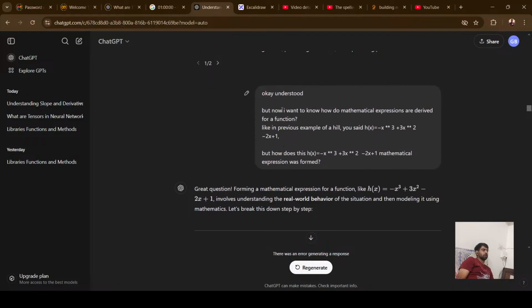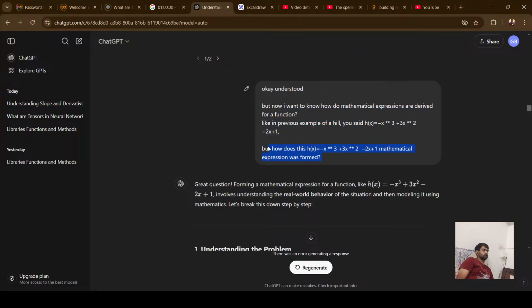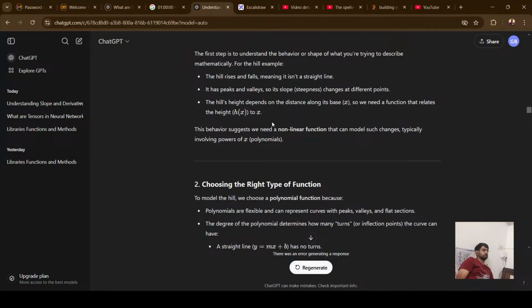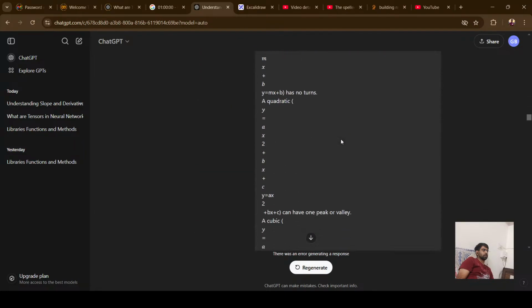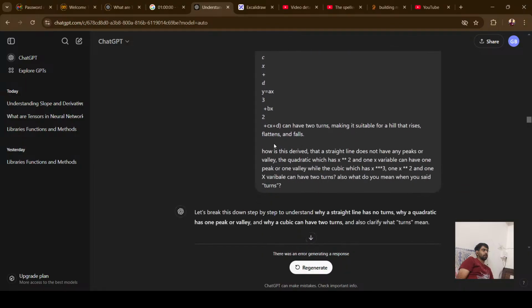Okay, understood, but now I want to know how to derive it for a function like a quadratic. How is it derived? Why does a straight line not have any peak? So that's how we went into derivatives in quadratic equations.